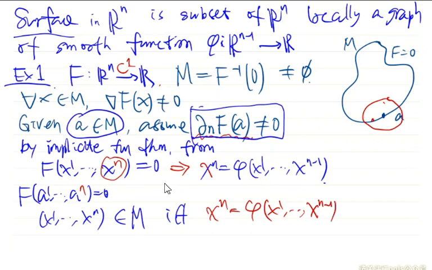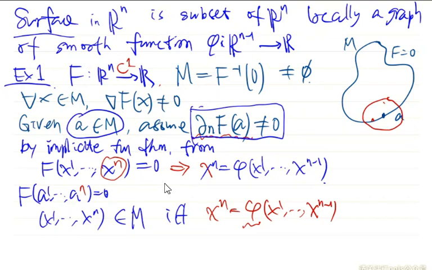That is, this point lies on the surface, on the graph of our function phi. And the phi is a C1 function. Therefore, this means that locally our capital F equal to 0, that is our subset M, is a graph of a function.